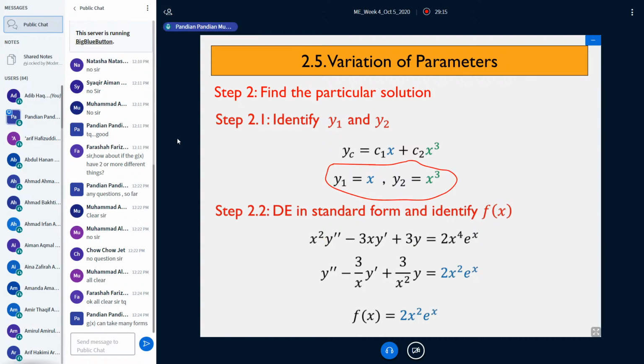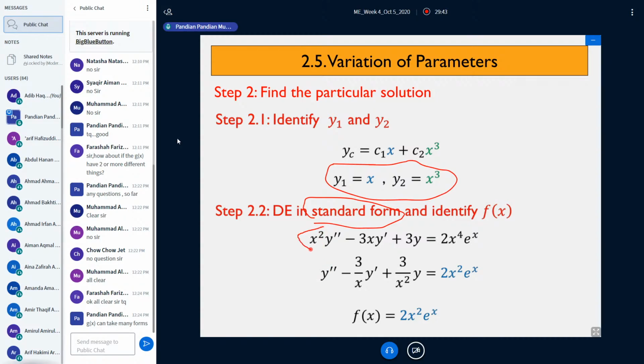For the variation of parameters, you must have the standard form. How to create the standard form? You have to make it 1 times y double dash. So this is x squared y double dash, and we cannot use x squared y double dash. So we must make it 1 y double dash.